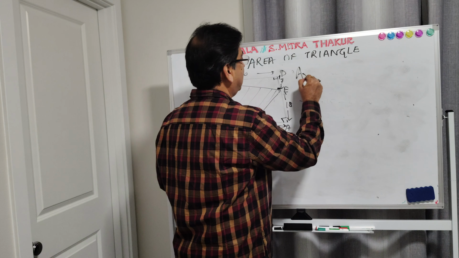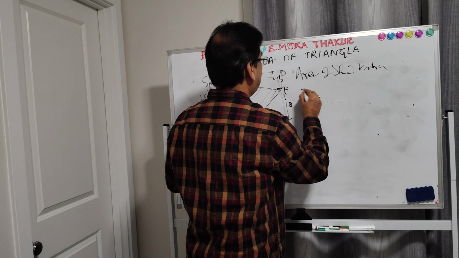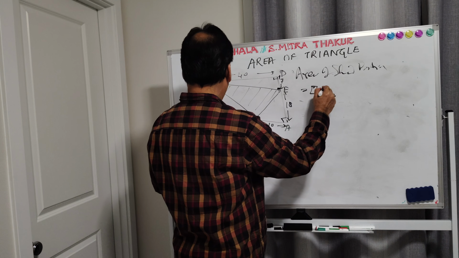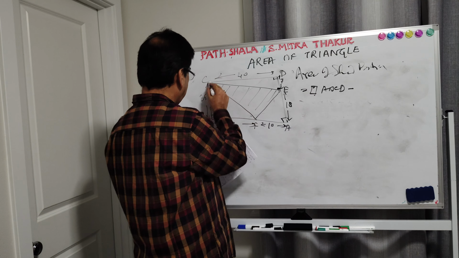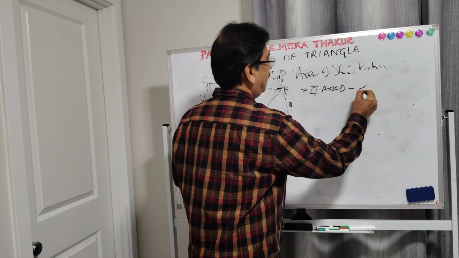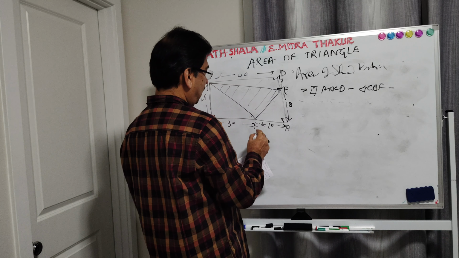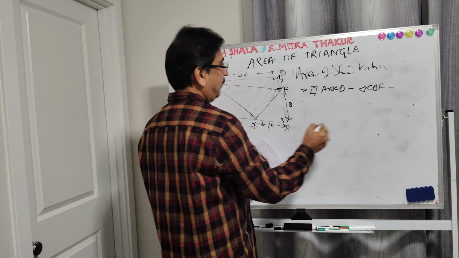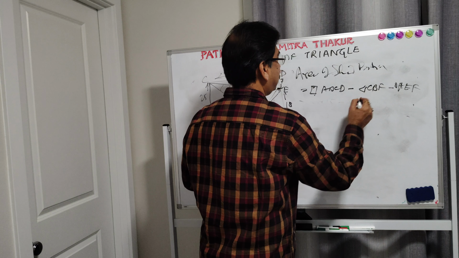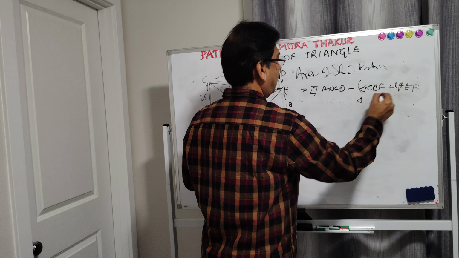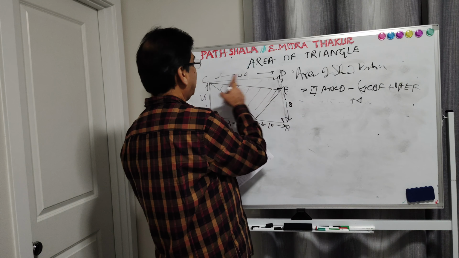So area of shaded portion is equal to area of rectangle ABCD minus triangle CBF minus triangle AEF minus triangle CDE.